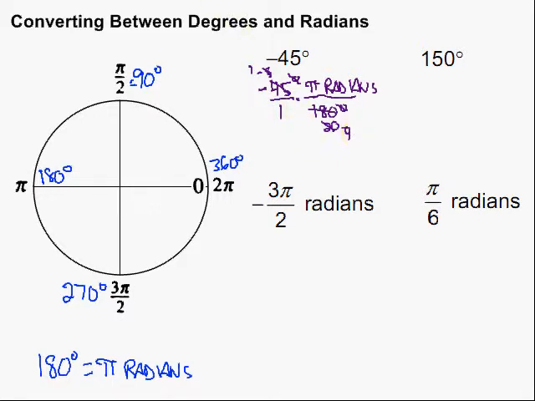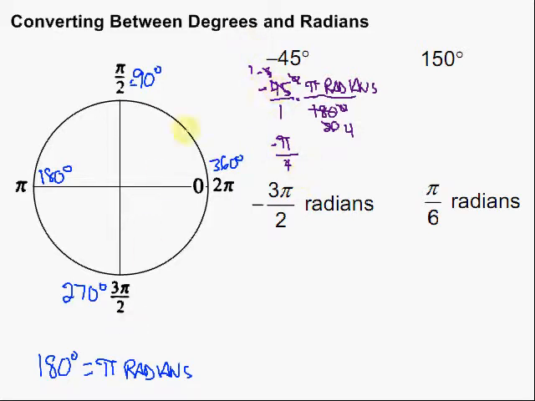Gives me 4 there. Okay, so nothing else I can simplify. So on top, I'm left with negative pi radians. And on the bottom, I have 4. So negative 45 degrees is equal to negative pi over 4.